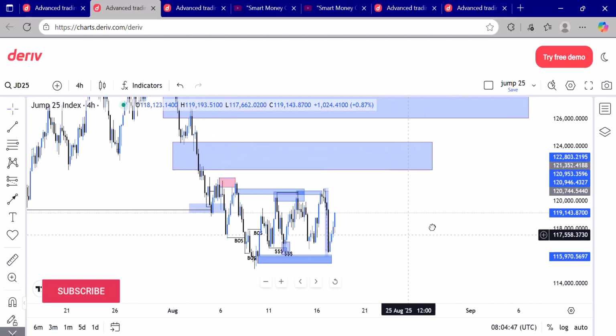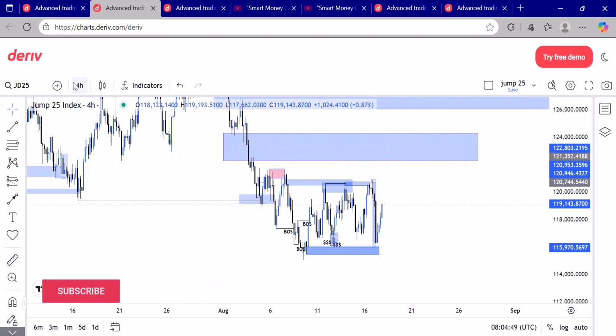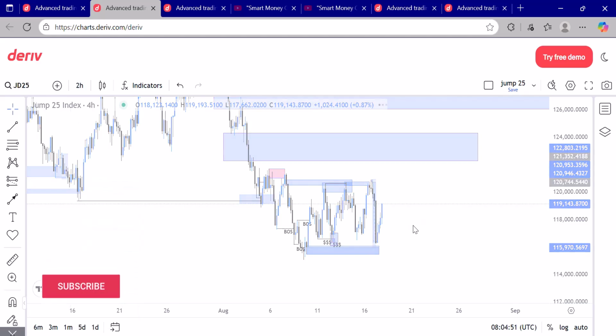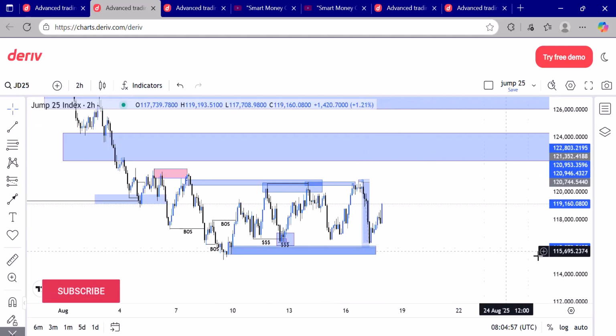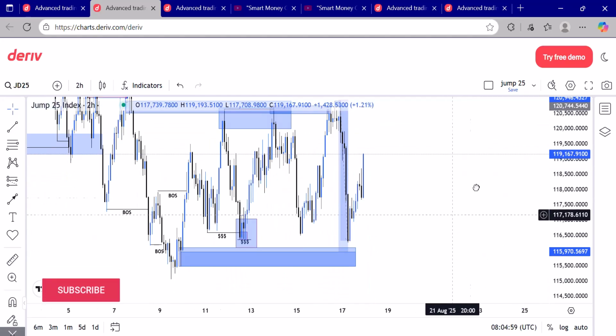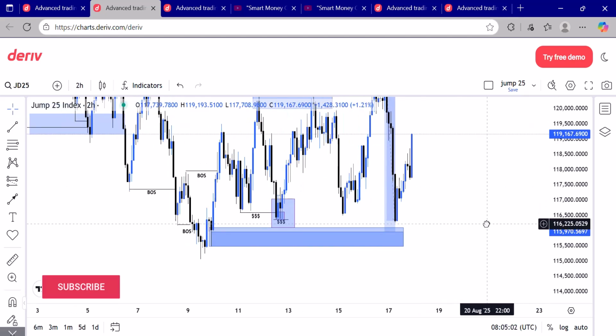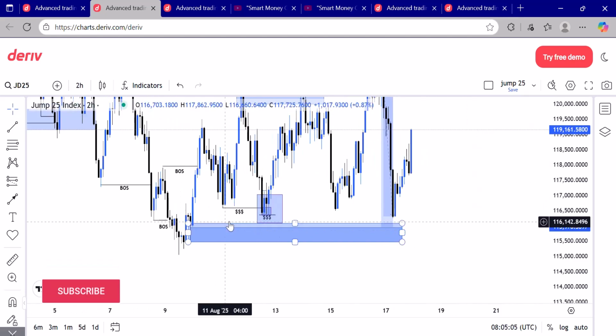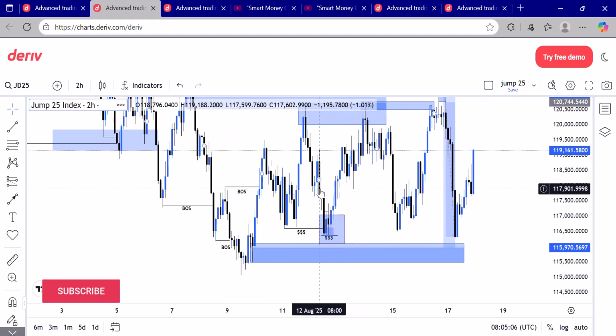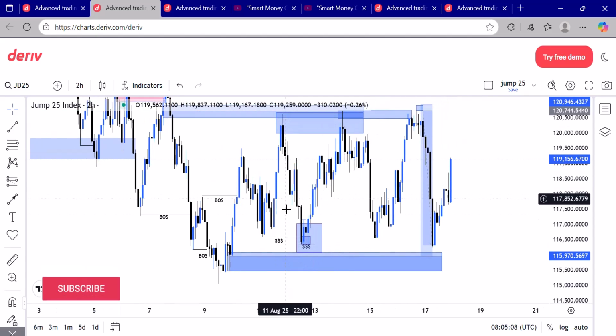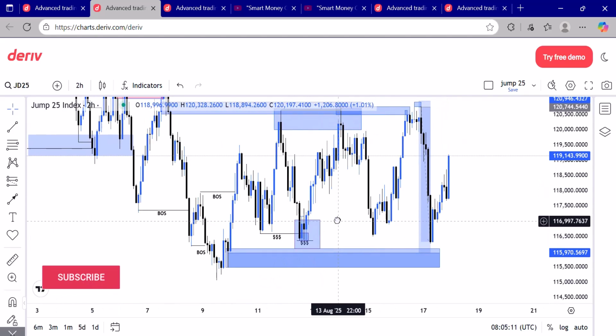So this is the 4 hours time frame. What are we seeing here? Go back to the 2 hours time frame. So what happened here? Last week we were looking out for price.